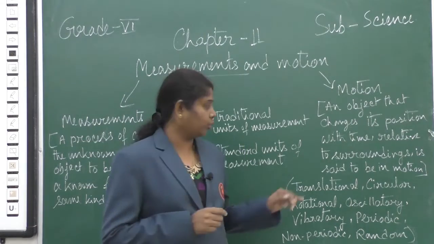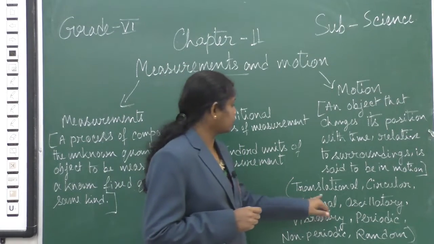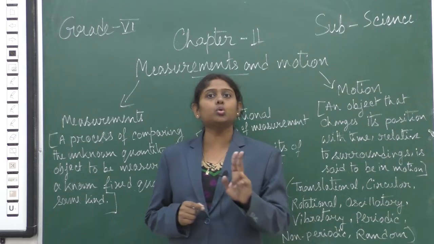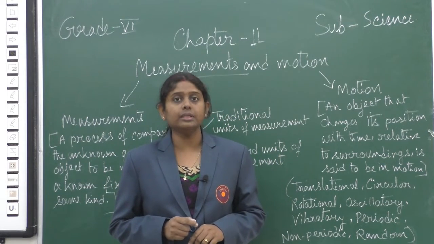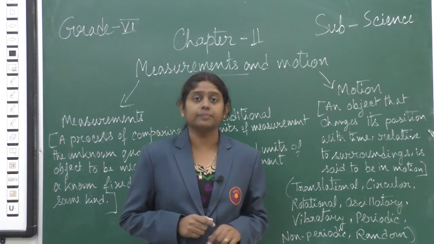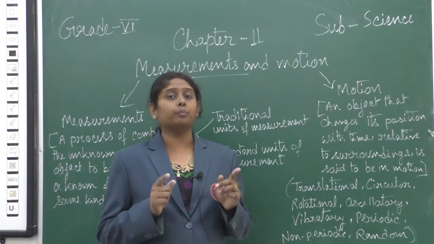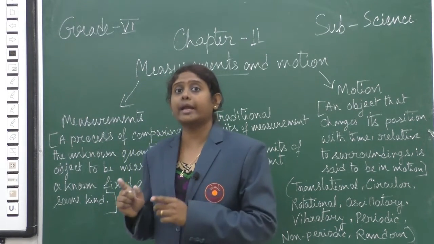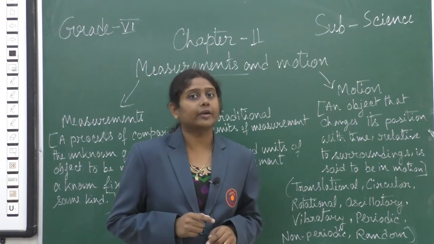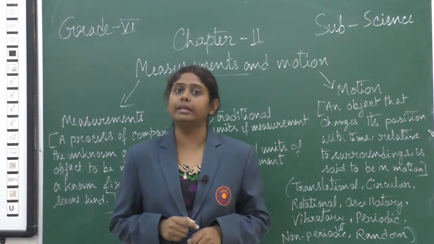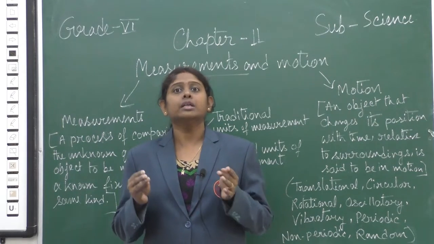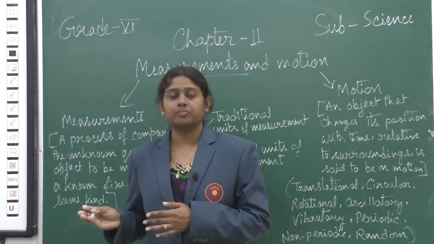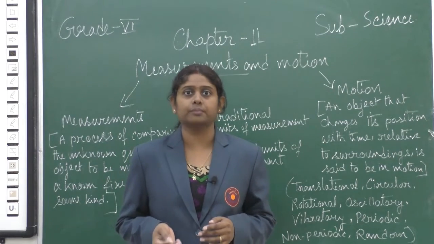This kind of motion we call translational motion. Now there are two types of translational motion: curvilinear motion and rectilinear motion. If the body is moving through a straight line, then it's called rectilinear motion or linear motion. Example, a car moving through a straight road, that is a rectilinear motion.